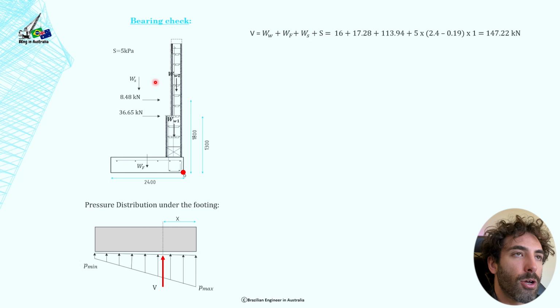So we found these numbers before. So self-weight of the wall is 16, self-weight of the footing 17.28, and the self-weight of the soil 113.94, and the surcharge is 5 kPa times (2.4 minus 1.9) times 1 meter length of wall.